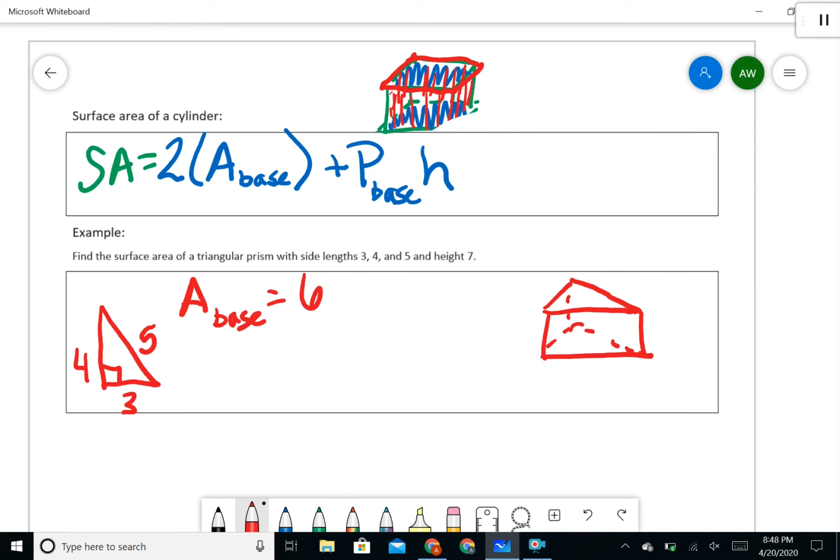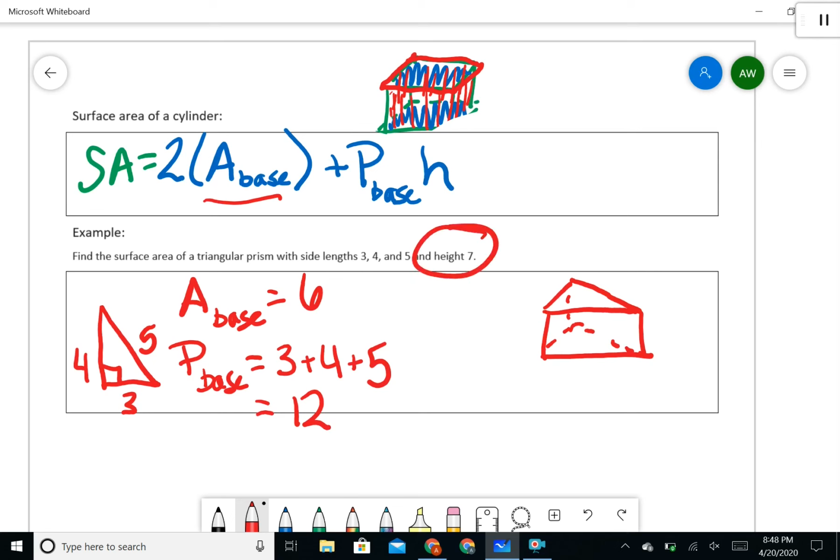So what else do I need? I have the area of the base. Now I need the perimeter of the base. How do I get the perimeter? Well, I'll get that by adding each of my outside pieces: 3 plus 4 plus 5. 3 plus 4 is 7, plus 5 is 12, so my perimeter is 12. And then I just need my height, and I know that my height is 7. Now I'm just going to plug that into my formula.